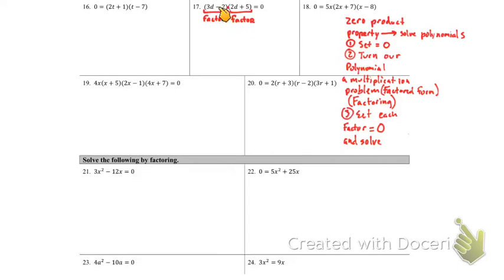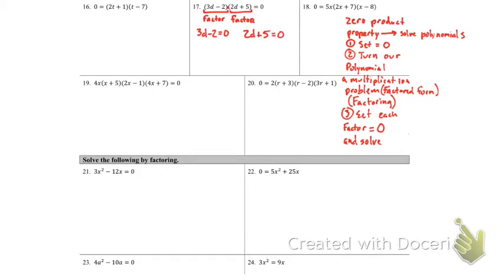We're going to take each factor and put it equal to 0 and solve. So I'm going to take this factor, set it equal to 0. And then we're going to take the second factor and set that equal to 0. And because we have 2 factors, you should have 2 equations.